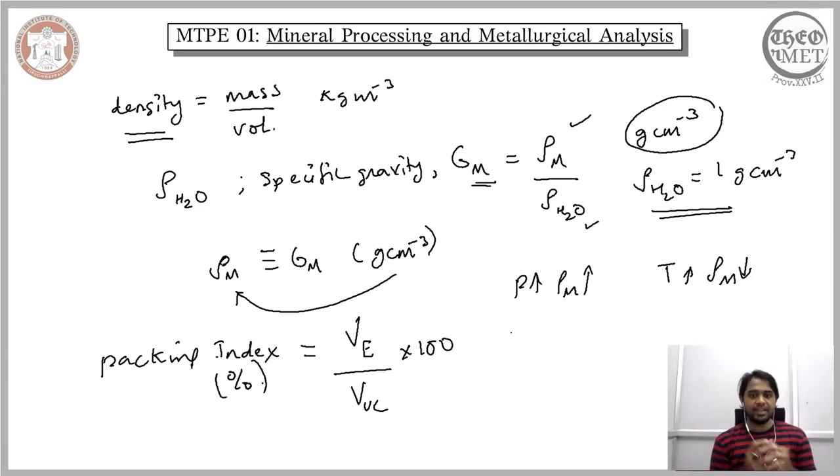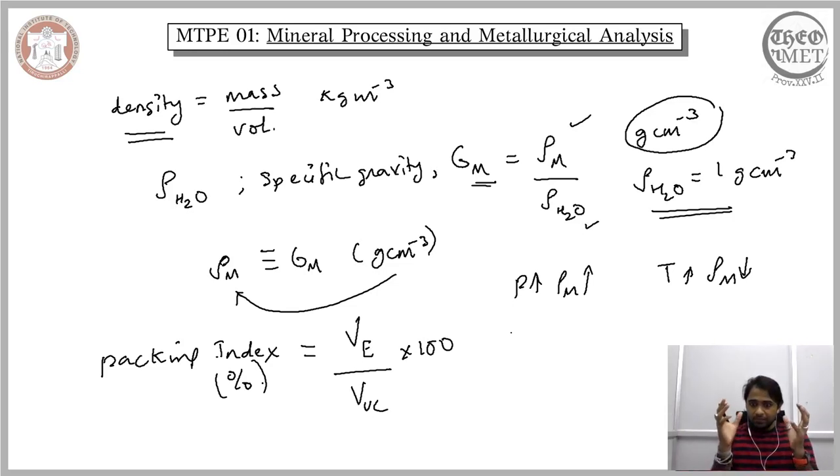So what we have is a representation of density on the atomistic scale. When the packing index is higher, on the macroscopic level, the level which is visible to us, the density is higher. When the packing index is lower, correspondingly the density of that mineral will also be lower.